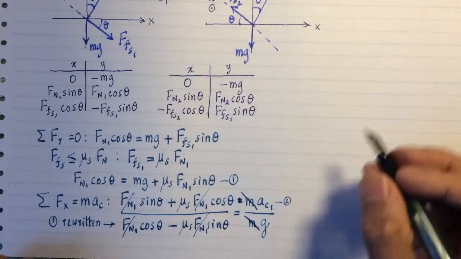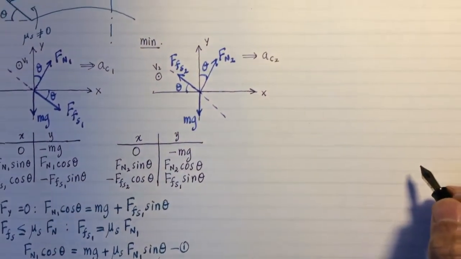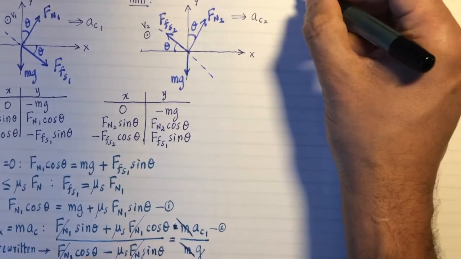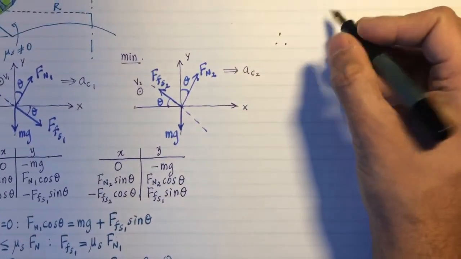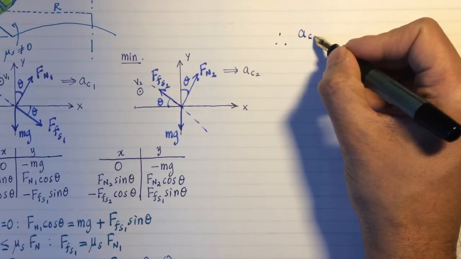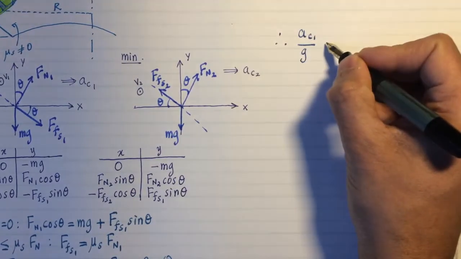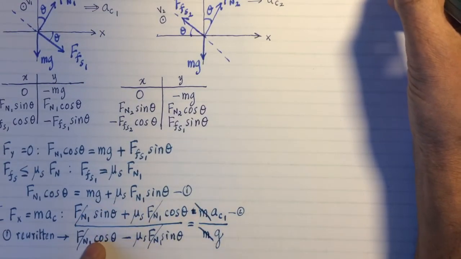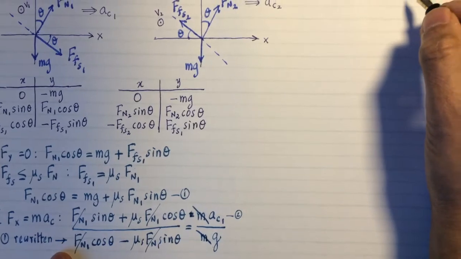So I'm immediately going to get the condition: the maximum acceleration AC1 divided by g is equal to sine theta minus mu cosine theta divided by cosine theta minus mu sine theta.